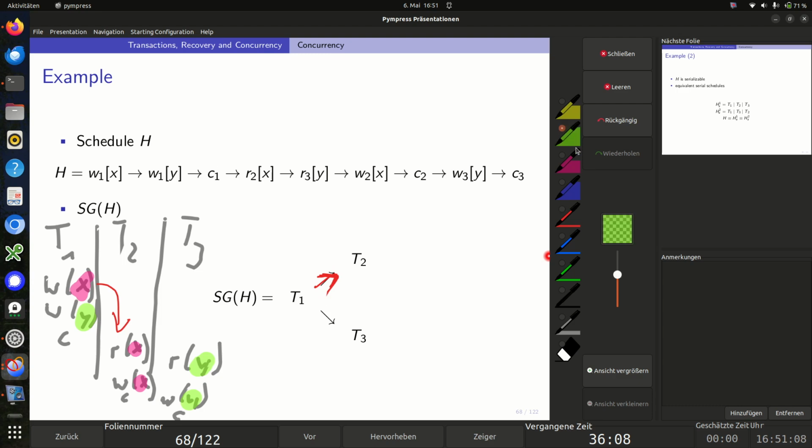And then there's the second conflict: the write of Y must happen before transaction 3 reads it. So this must happen before, and therefore this is the second arrow. This is the serializability graph, SG.